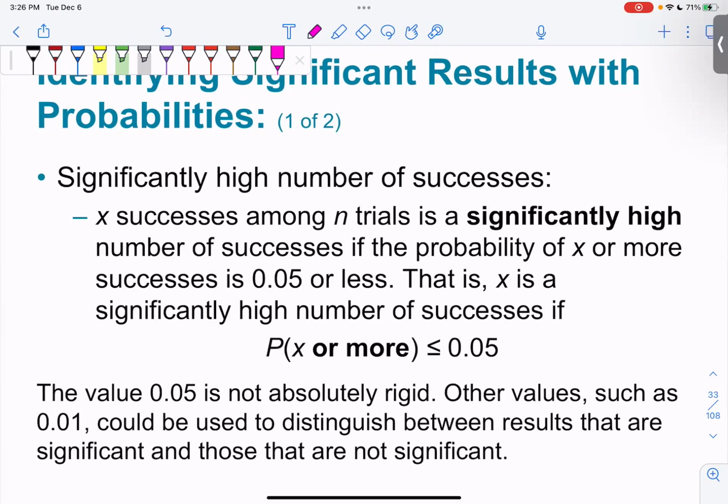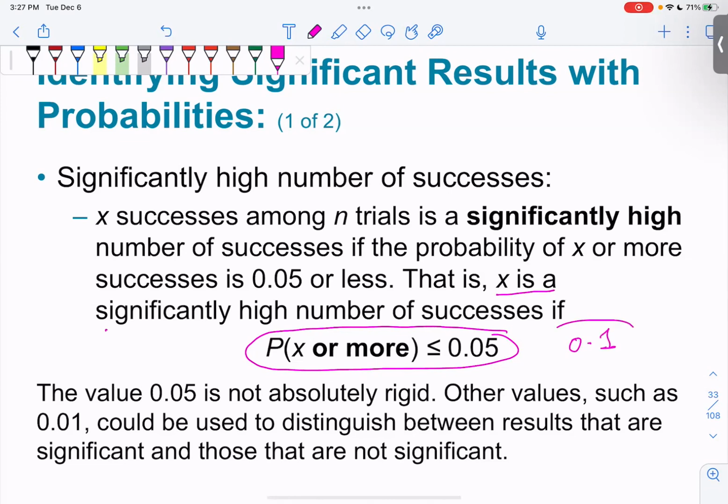Okay, and then we can say that X is a significantly high number of successes if the probability of X or more successes is less than 0.05. Okay, so this 0.05, we did say, is the probability of getting results just by chance. So this number 0.05 might be reduced to 0.01 if the research is related to human life.